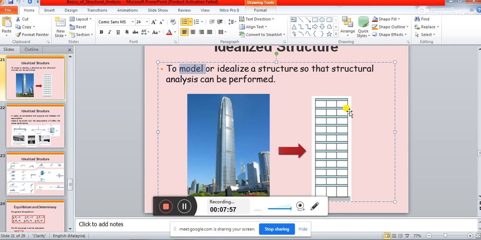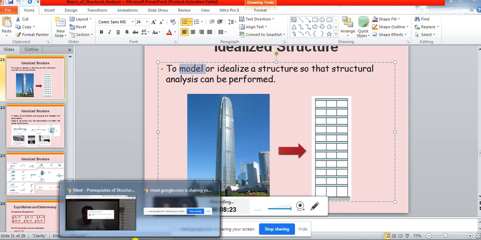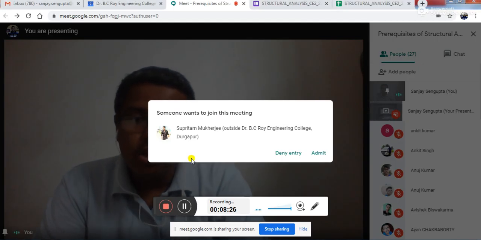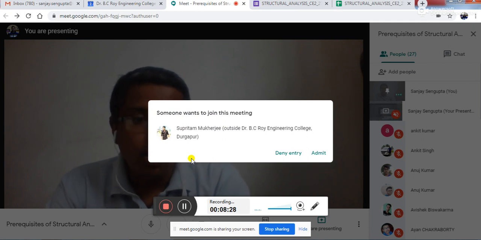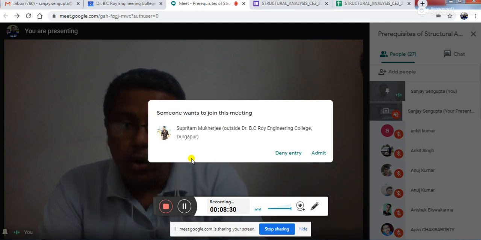And while modeling, you must remember the idealization of the structure must be proper. While idealizing the structure, if you miss any condition of support, then you may get your result wrong, and in such a case your analysis result may fail. So, you should very carefully observe and note this.